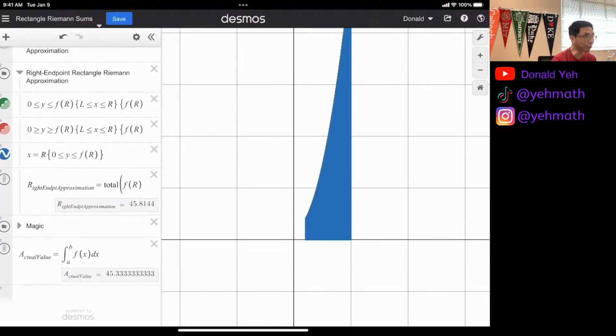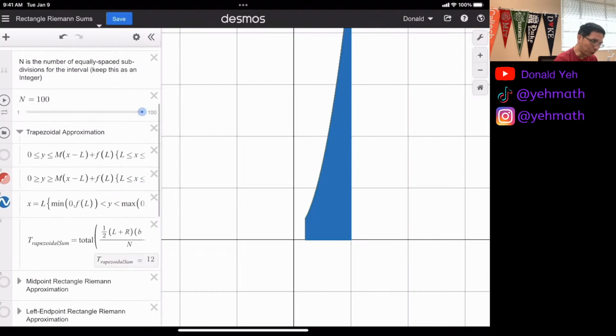45.81 versus 45.33. You say, well, it's still 0.5 off. I think it says 96% accuracy, give or take. So there's an error of about 3%. It's not too great, but it's not too bad. Okay. Now, if I break it into 1,000, what will happen?